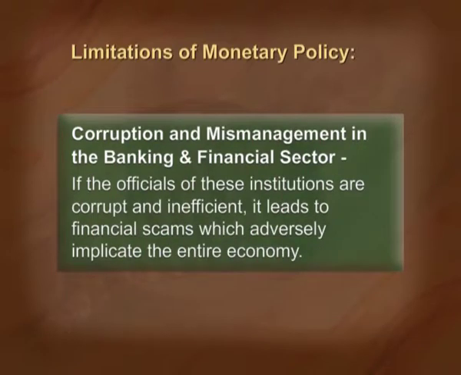Corruption and mismanagement in the banking and financial sector. The monetary policy measures of the central bank can prove effective only when there is an efficient management of banks and the financial institutions. But if the officials of these institutions are corrupt and inefficient, it leads to financial scams which ultimately adversely implicate the entire economy.